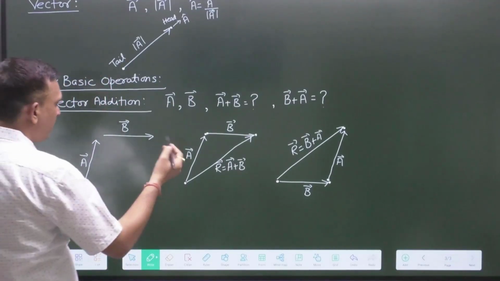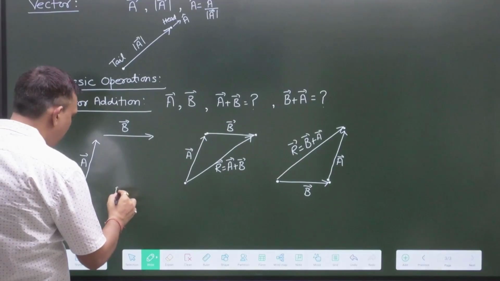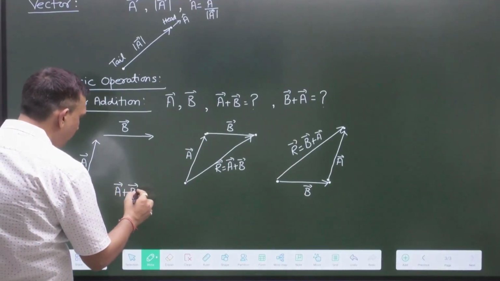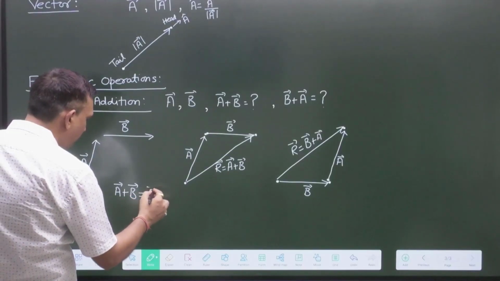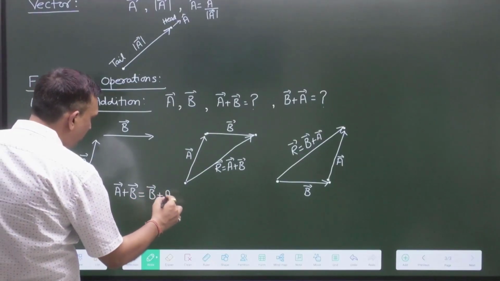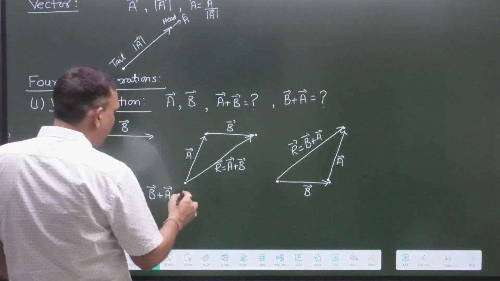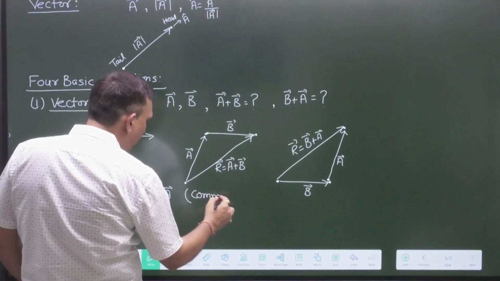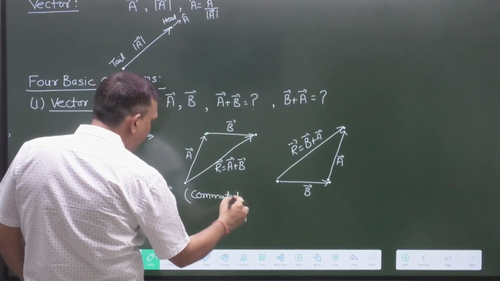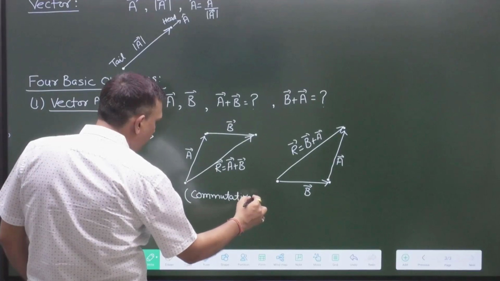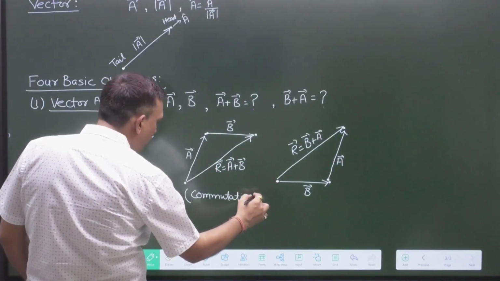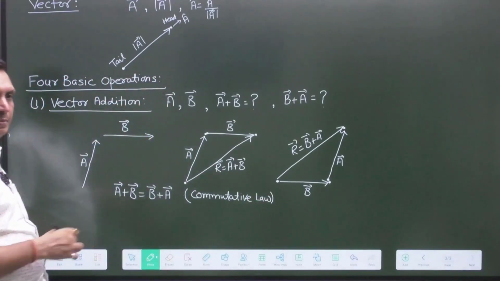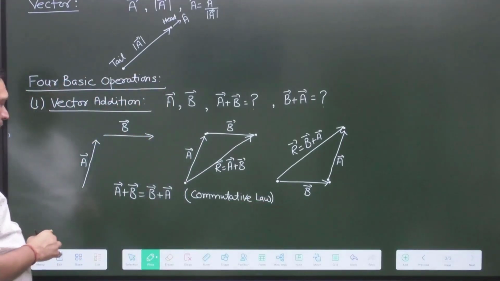And you will see here that A plus B is B plus A. So we say that vector addition follows the commutative law, that A plus B is B plus A.